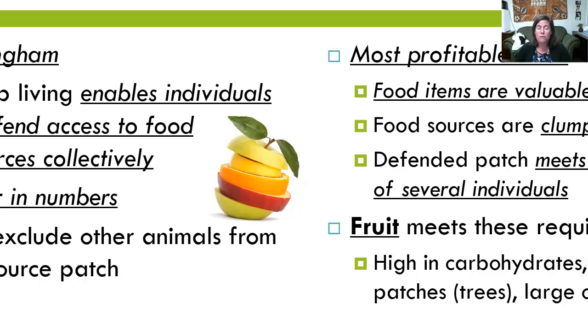Wrangham noted that fruit meets these three requirements. Fruit is valuable because it is high in carbohydrates. It grows in discrete patches, such as trees, and it often occurs in large crops, such as in fruit trees, which permit numerous individuals to feed simultaneously.